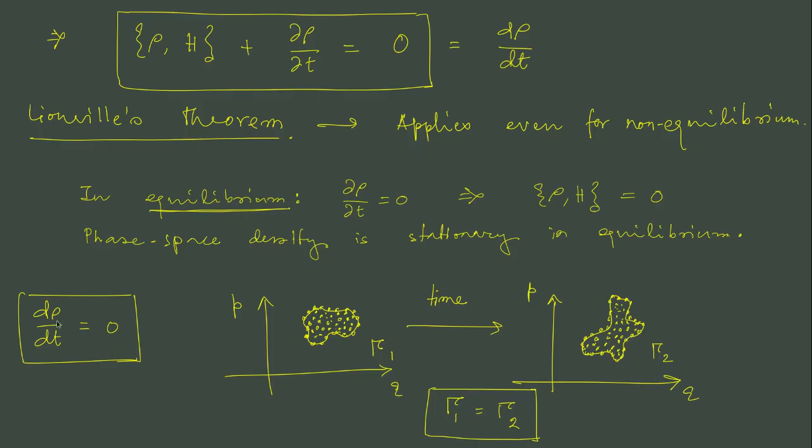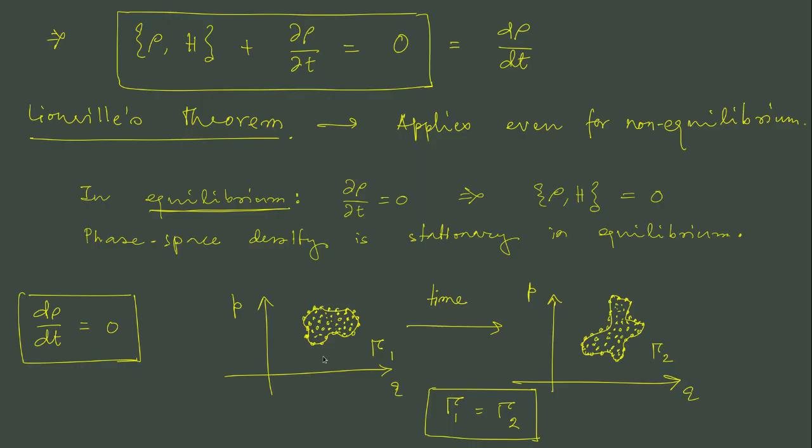That is the statement of d rho dt equals 0. How so? Well, the phase space trajectories don't cross each other, because if they do, then the problem will not be deterministic anymore. For a given Hamiltonian, we have Hamilton's equations, and these give us a unique trajectory for a given initial condition.